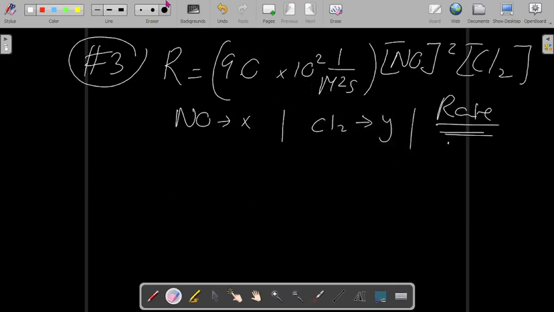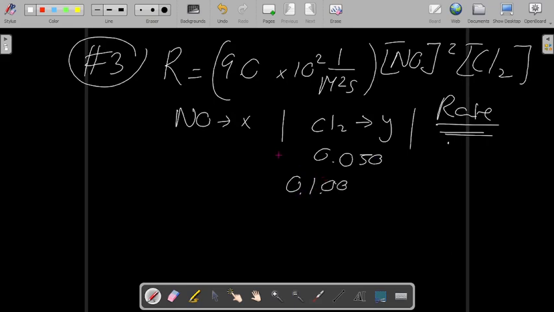To find y, we need to check the trials and see where the concentration change makes the rate change as well, but with no change in reactant A. When does that happen? Well, we have trial 2 and trial 3. It went from 0.050 to 0.100.